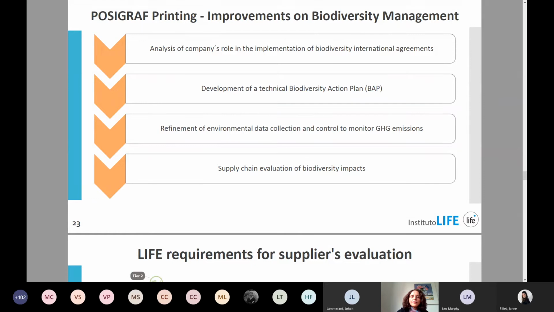So Posigraph made all the analysis, the implementation of international agreements. They understand their role on that. Developed a technical biodiversity action plan. They also did a lot of control on their data collection, and they evaluate in a better way regarding biodiversity impacts their supply chain. Next.